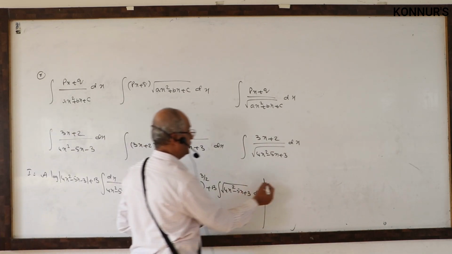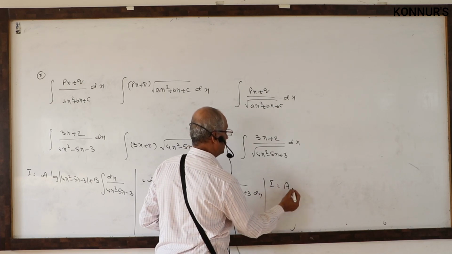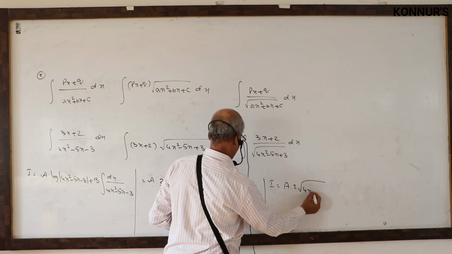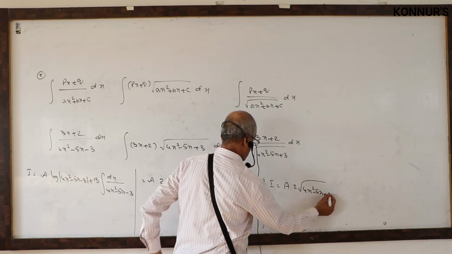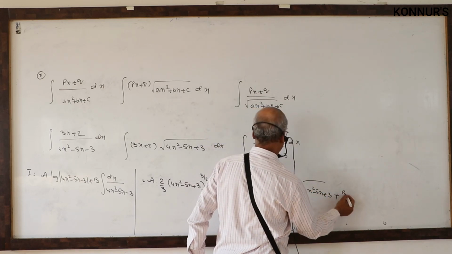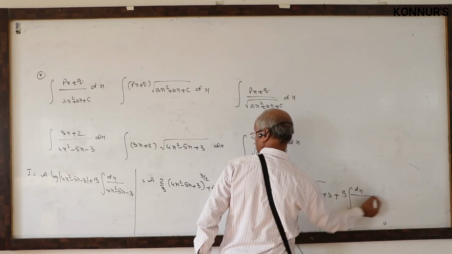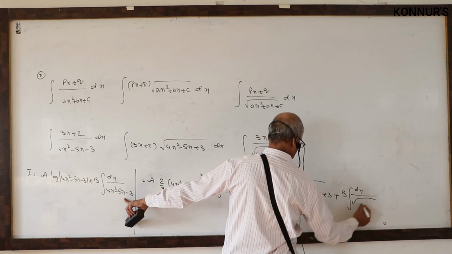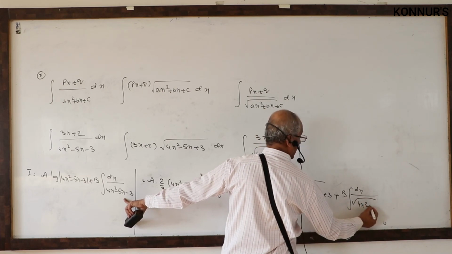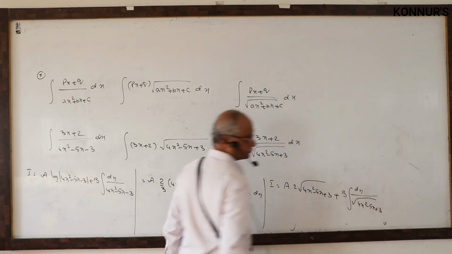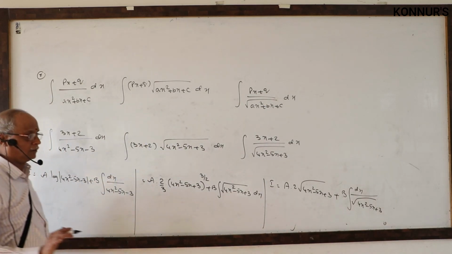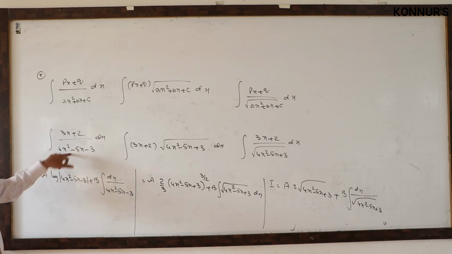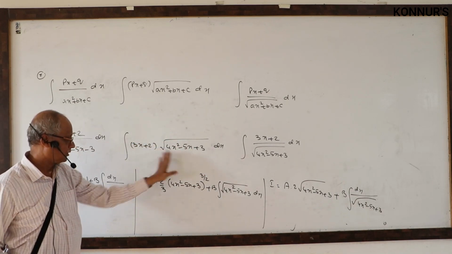Here a is as it is into 2 root 4x square minus 5x plus 3 plus b times dx by root quadratic. Here without root, this is with root. These are the problems possible. Linear quadratic combinations without root, with root, both are numerator.